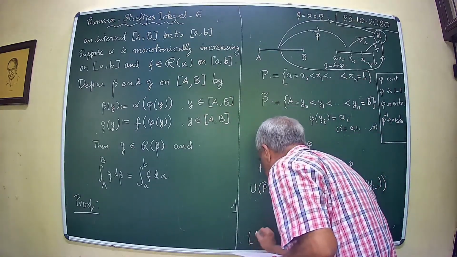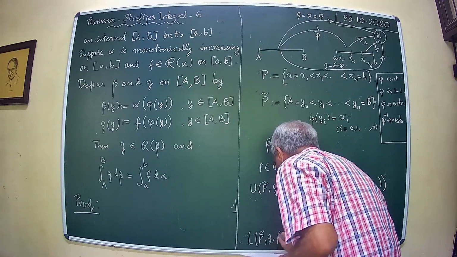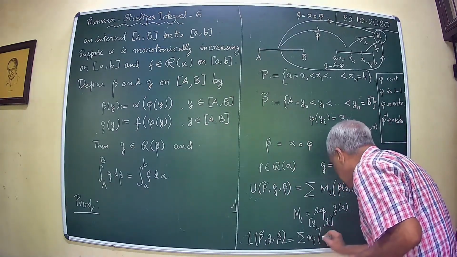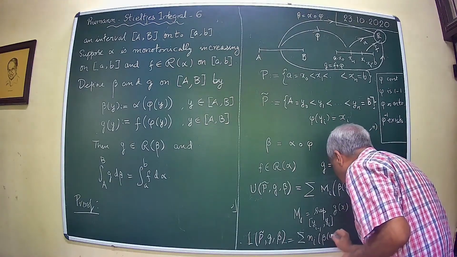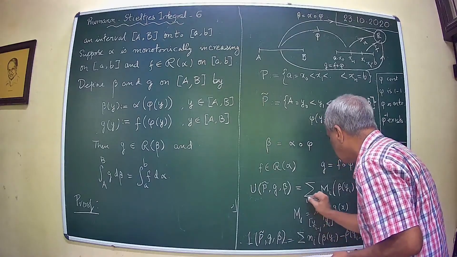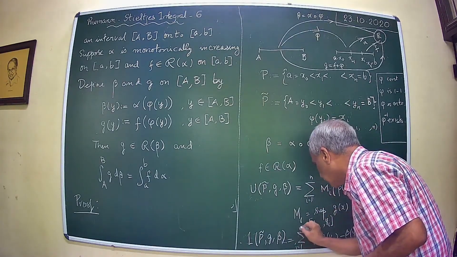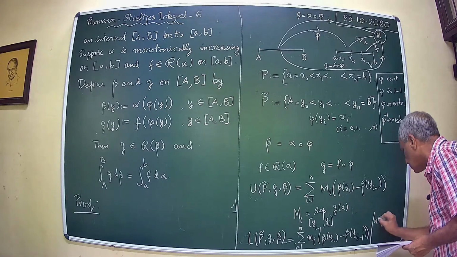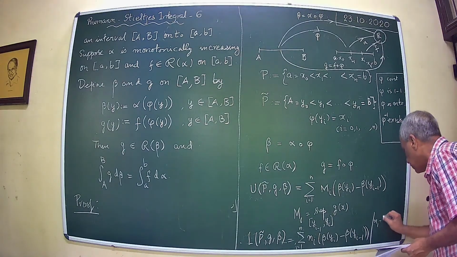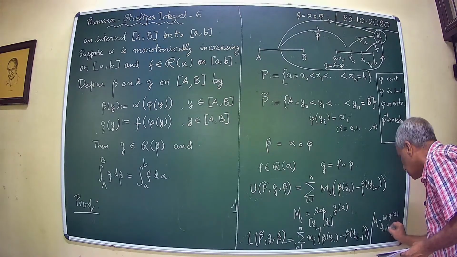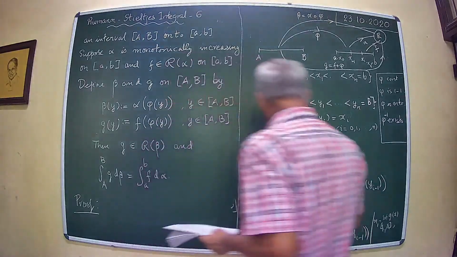Similarly, you have L of P tilde, G, beta, which is equal to sigma small mi times beta yi minus beta yi minus 1, where small mi is equal to the infimum of G x over the interval. This is what you get.